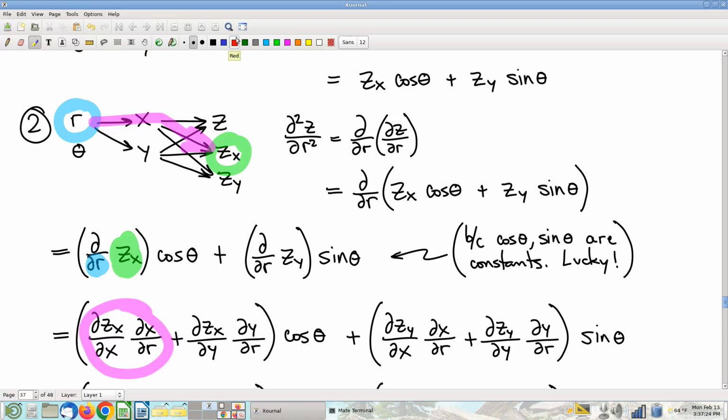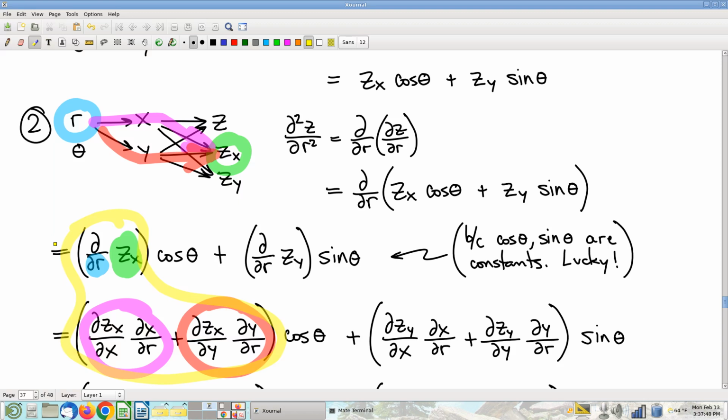And then here's another path by way of the intermediate variable y. That gives you what you might call the y term in that partial. So all together, and again, thank you, diagram. What would we do without the diagram? It's extremely helpful. That allows me then to rewrite this mystery partial, partial of a partial.